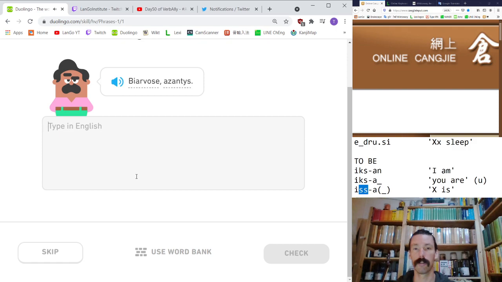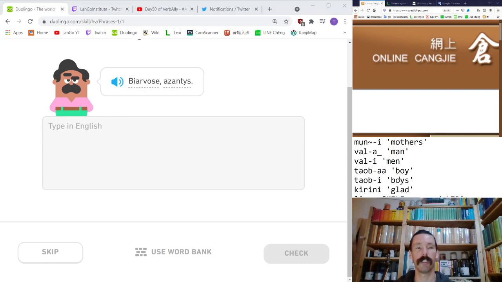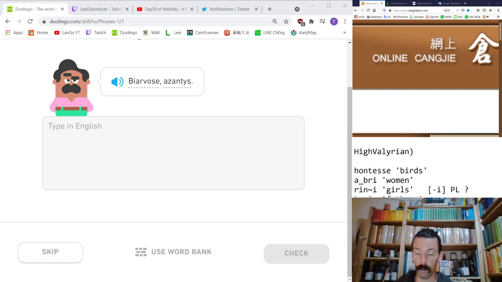Biarvose azantis. Biarvose. Cool. Gotta remember those useful bits, especially. Biarvose. You're welcome. So it probably has two or three meaningful parts to it. Azantis. The knight.